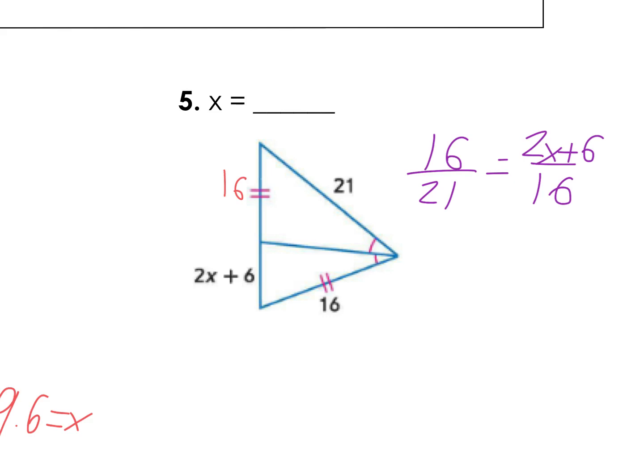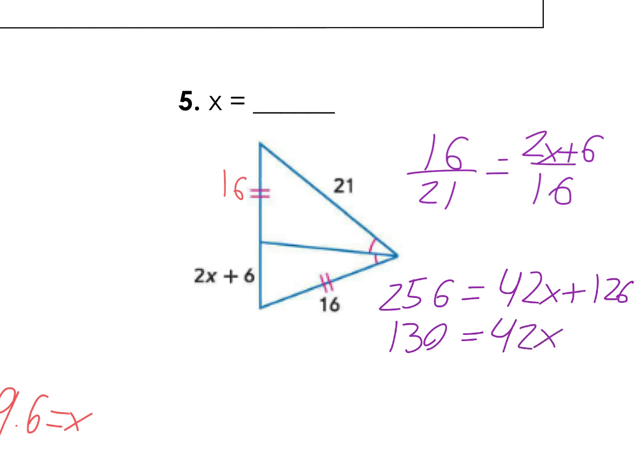Solve this out. Well, 16 times 16 is 256, which is going to be equal to 42x plus 6 times 21, or 126. Subtract 126 from both sides. So 256 minus 126, 130, is equal to 42x.